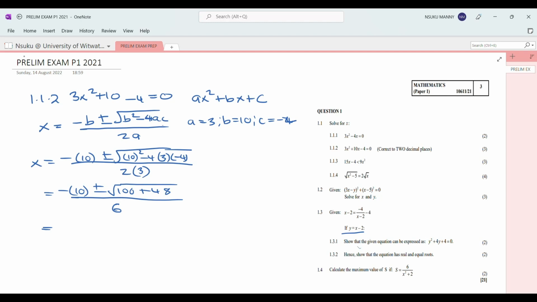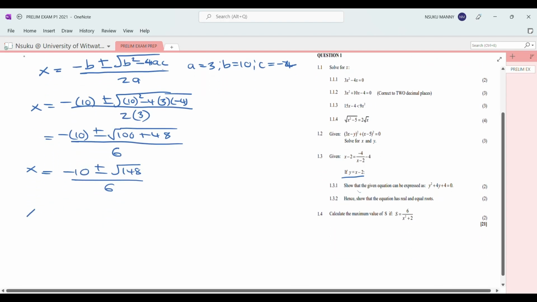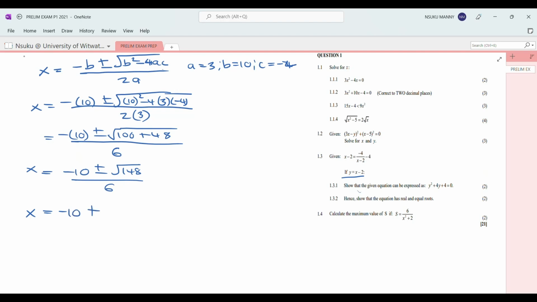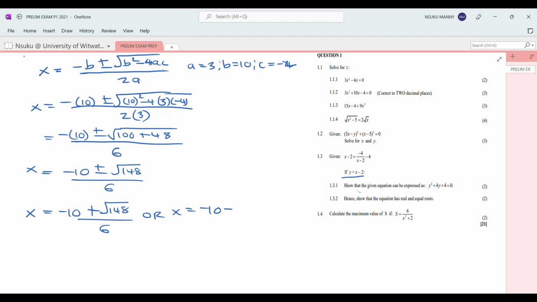So to clean that up a bit further, we have negative 10 plus minus the square root of 148, all over 6, right? So now that we're here, we're going to say x is equal to minus 10 plus the square root of 148 over 6, or x is equal to minus 10 minus the square root of 148 over 6.